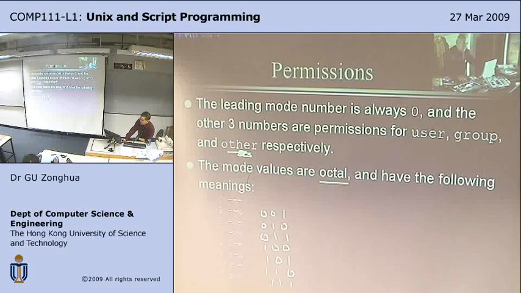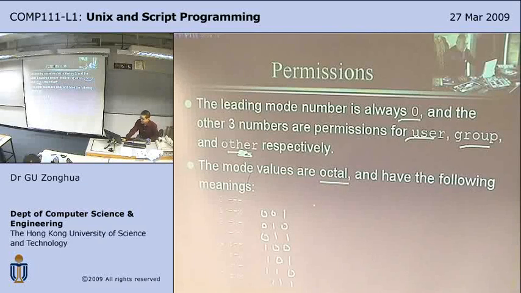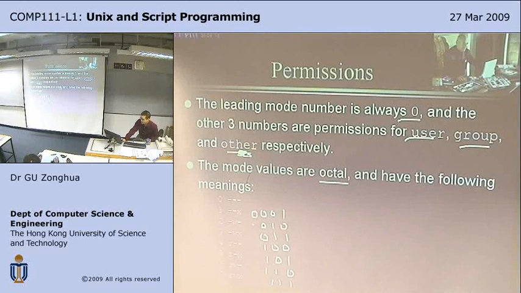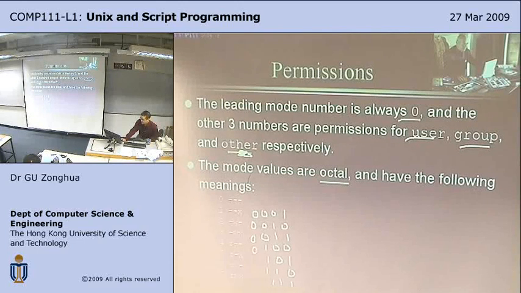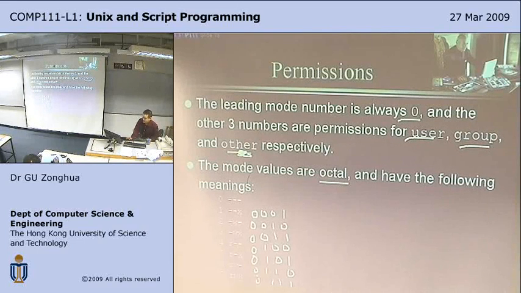You have three of these octal numbers to indicate the three groups: one is user, one is group, one is other. The leading mode number is always 0. So like this.